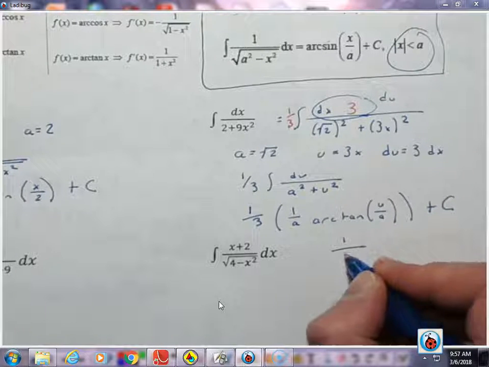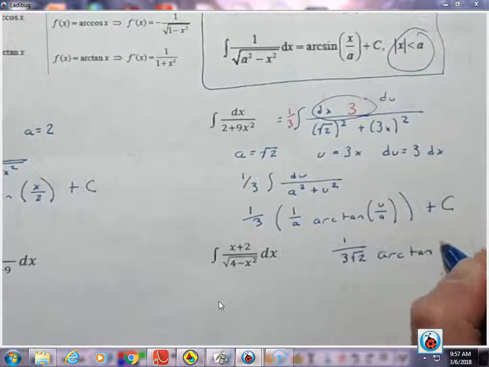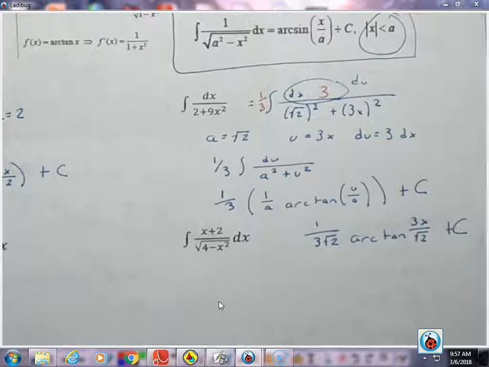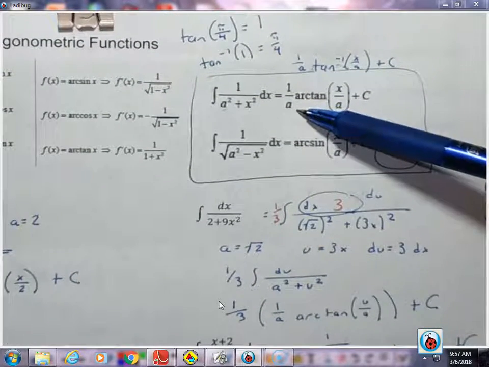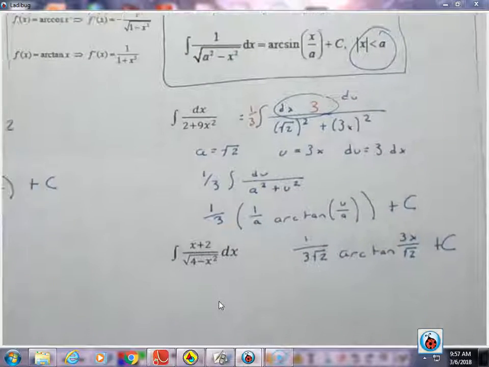Okay, so it'd be 1 over 3 square roots of 2 arctan 3x over the square root of 2 plus C. What do you think? What is the 1 over A? Just the rule. Yeah. So I didn't prove the rule to you. I'm just using the rule.